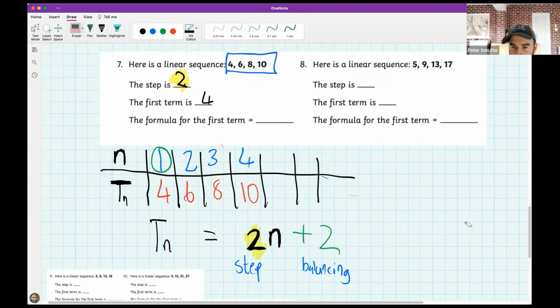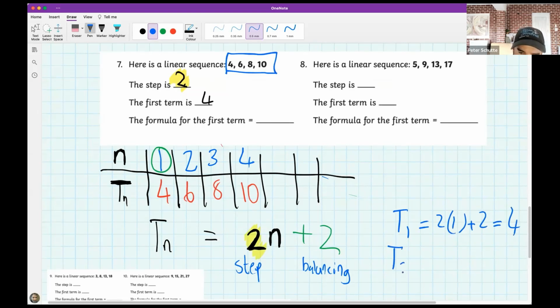Now I'm going to do another example in a moment, but let's just check this formula actually makes sense. So at the moment, T1 is 2 times 1 plus 2, which is 4. But what happens if I put a 2 in there? Let's use my formula now. 2 times 2, and then I leave plus 2, that gives me 6.